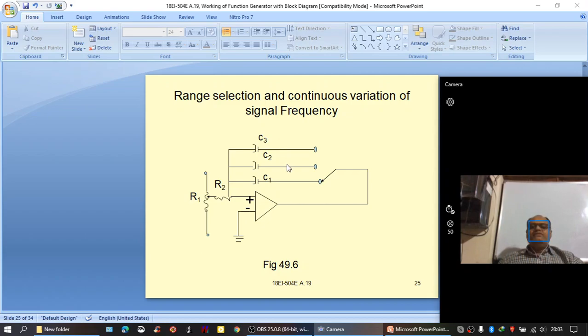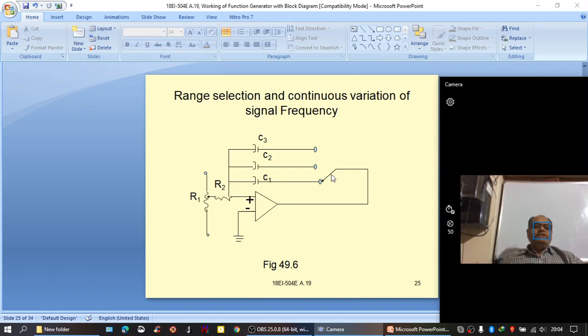For fine adjustment of frequency, this potentiometer is used. That is, within one particular range, say when capacitor C1 is selected, then by adjusting the value of R2, you can vary the frequency from the lower end to the higher end. Similarly, when capacitance C2 is selected, by adjusting the value of resistance R1, it can be varied from low to high.